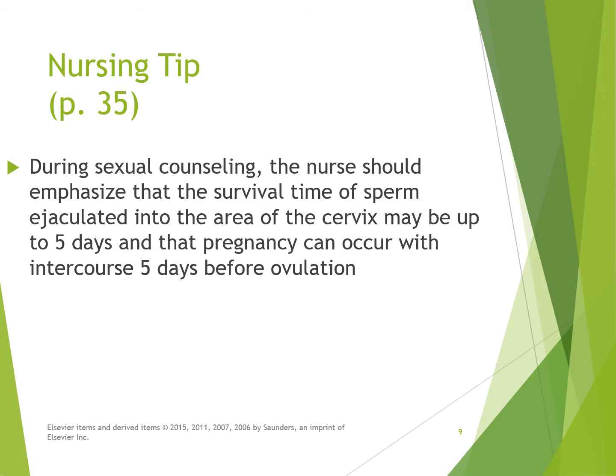So think about it. They have sexual intercourse, sperm is released, 5 days later the woman ovulates, and that sperm is still alive and goes to do what it's supposed to do. So there's where a lot of unplanned pregnancies happen, because people don't realize that. And I kind of think that might be on your test.